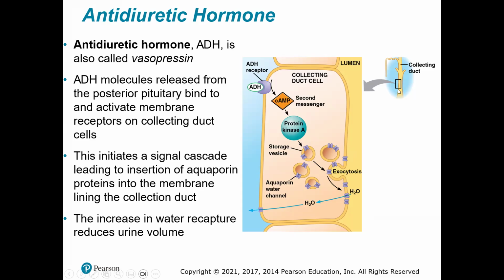If you increase water reabsorption in the collecting duct, that means it's going back into the body and being taken from the urine. It's going to concentrate the urine and help the body hold on to water. Therefore, ADH concentrates urine and helps the body hold on to water.